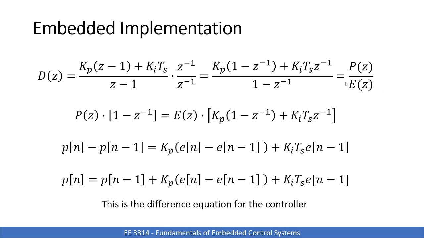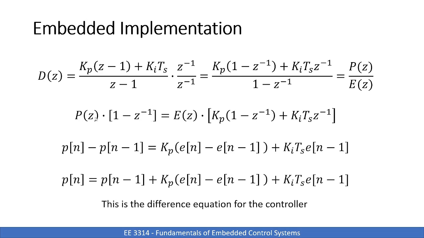So for the process of converting this to a difference equation, we need to cross multiply. We get P(z) times the denominator is E(z) times the numerator. Now we can use our z transform properties, namely the shifting property, which means if you have P(z) times z inverse, the inverse z transform of that would be p(n minus 1).